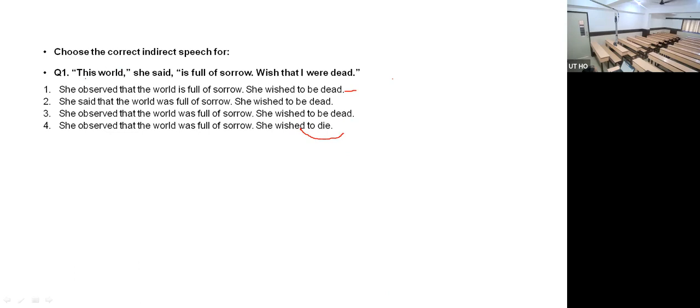Okay, now if you look at the first part, "this world, she said, is full of sorrow." Now, this is what type of an idea? Remember, we said something that usually happens, a stated fact.